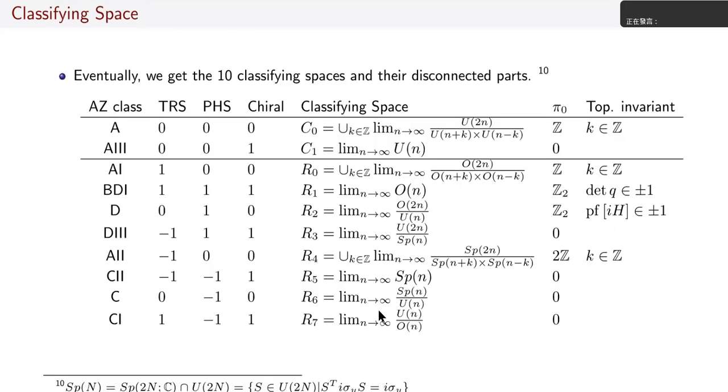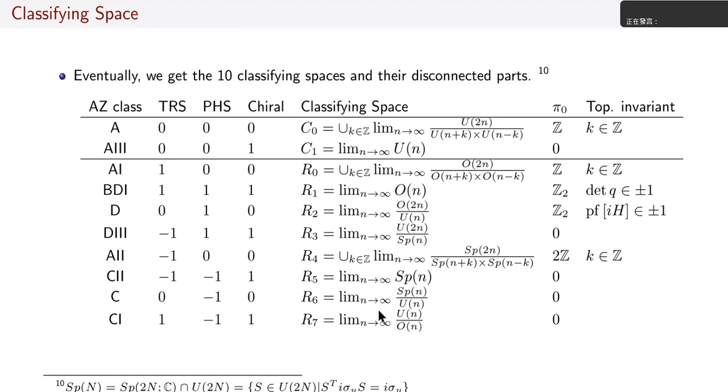Okay, and eventually I get the classifying space, and this is the table of classifying space and the topological classification. Pi zero means counting disconnected parts. Here, Z comes from the number of occupied states, essentially.